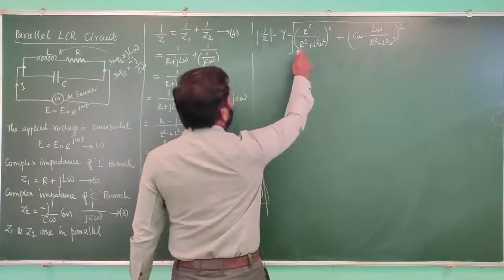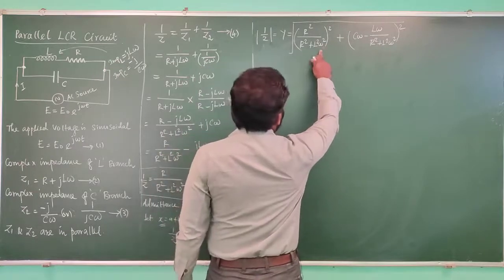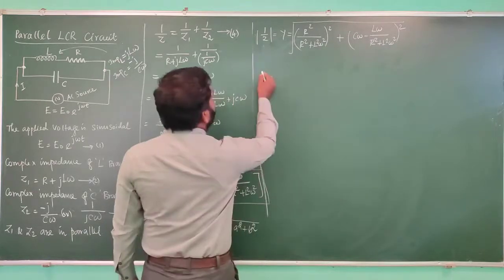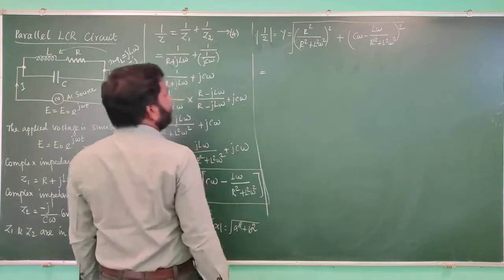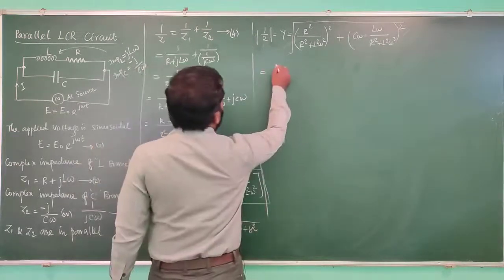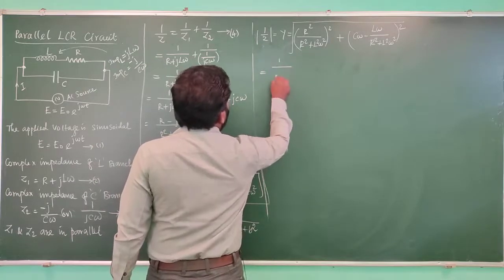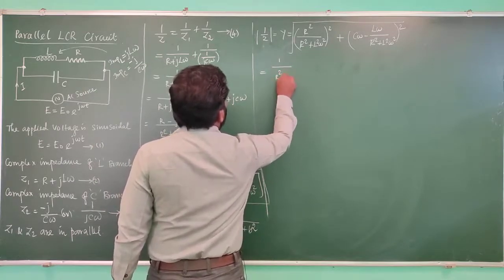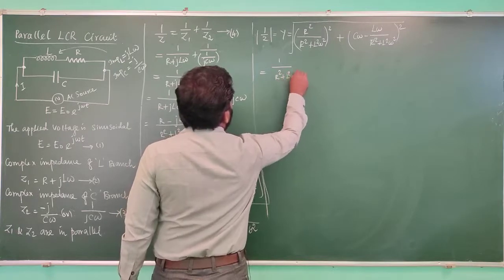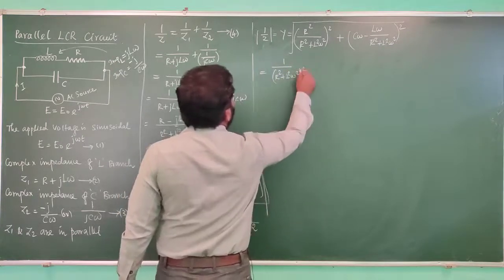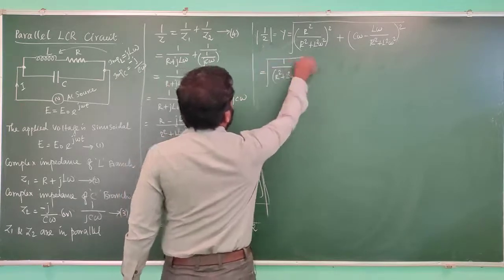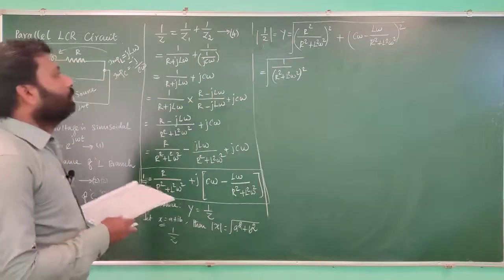Now let's take R square plus L square omega square out of this square root. You can separate it out. So let's write 1 over R square plus L square omega square, which we can take out.